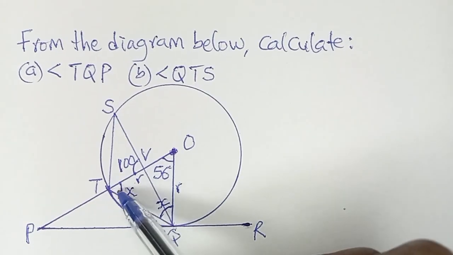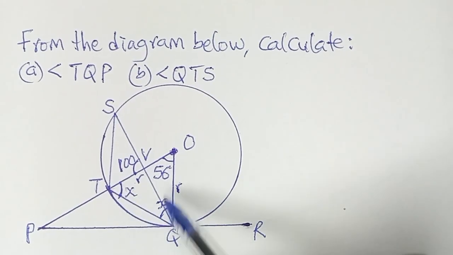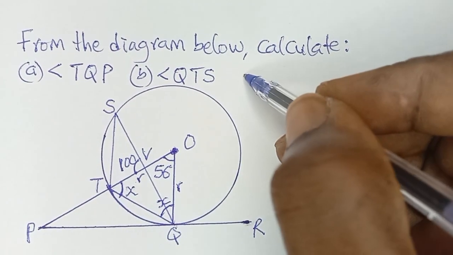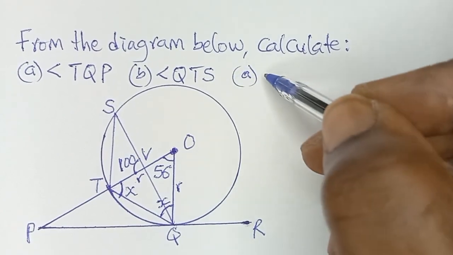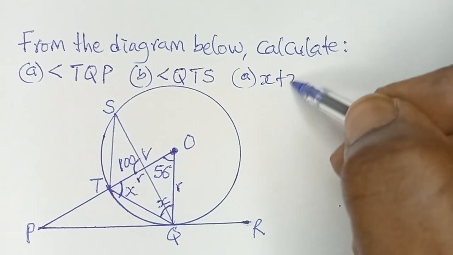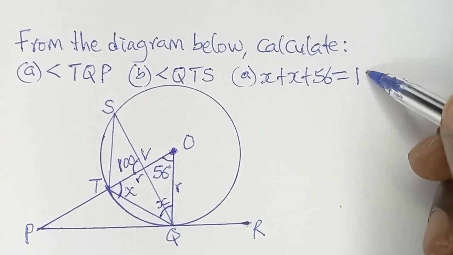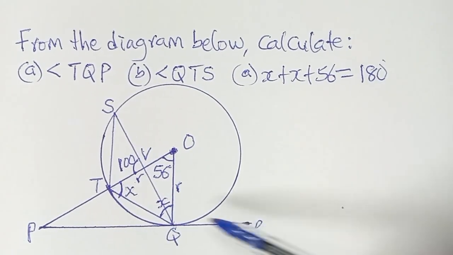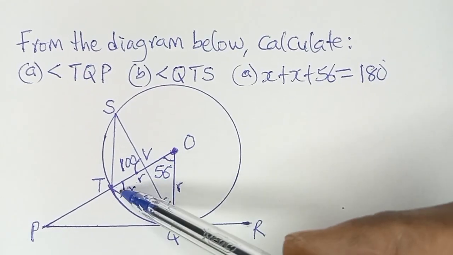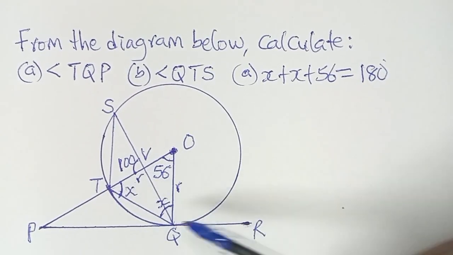So from this triangle, we can take the sum of angles in the triangle, let me call this question A, as x plus x plus 56 is equal to 180, because the sum of angles in a triangle adds up to 180.